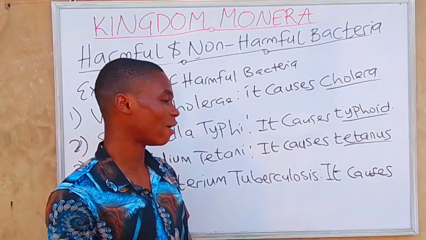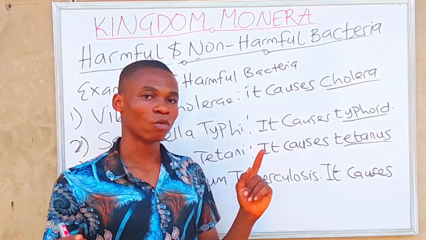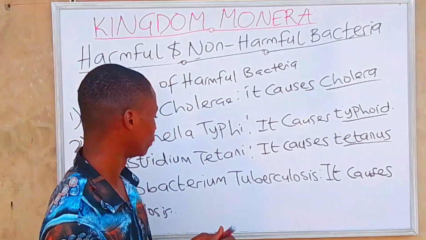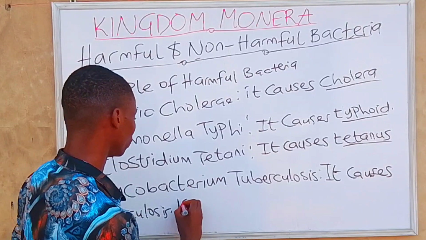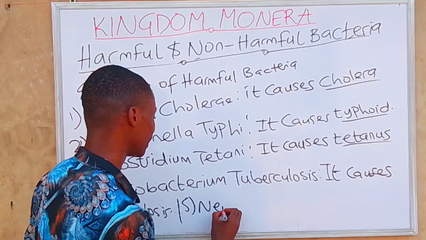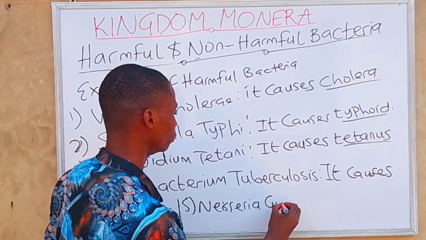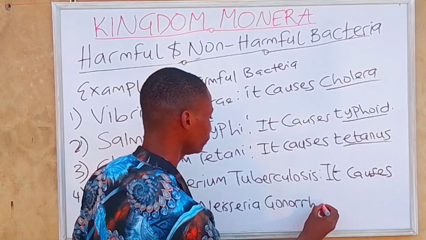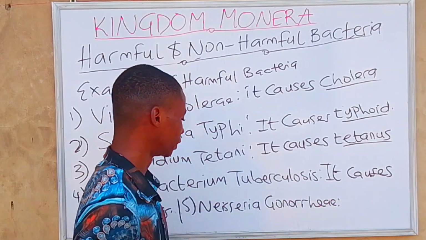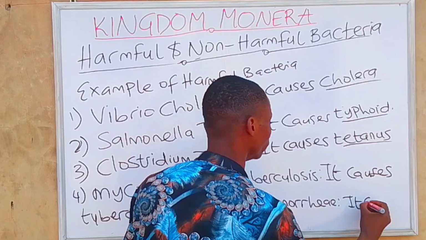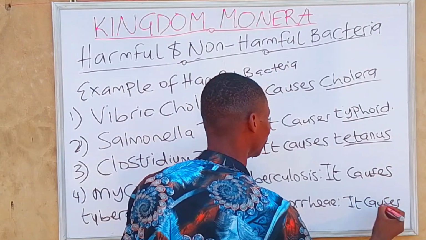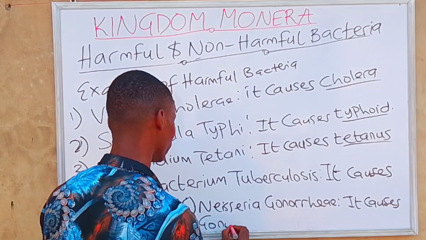So now we still have one more. We have the one for gonorrhea. So the fifth one is Neisseria gonorrhoeae. It causes gonorrhea.